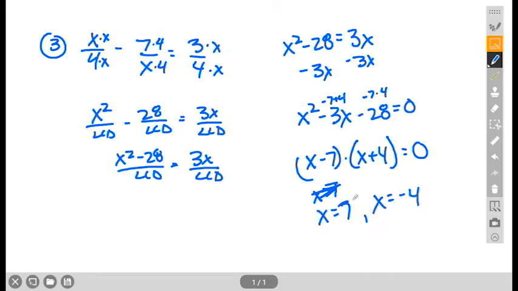So we actually have two solutions here. We just need to check to make sure that they both work and they're not restricted values, meaning they would not cause the denominators to be 0. The only number that would cause the denominator to be 0 in the original problem is 0, so both of these are solutions, 7 and negative 4.